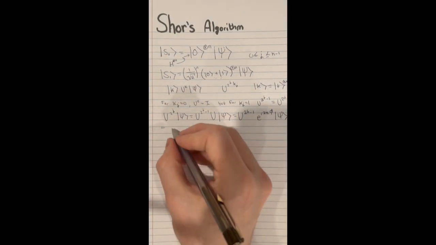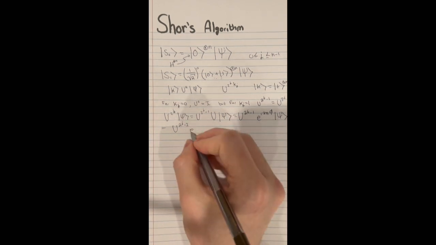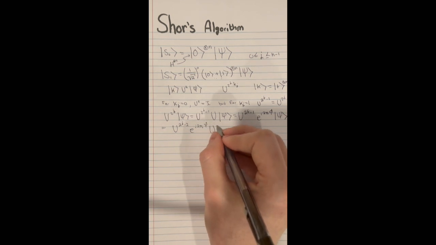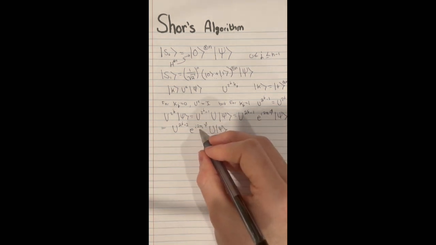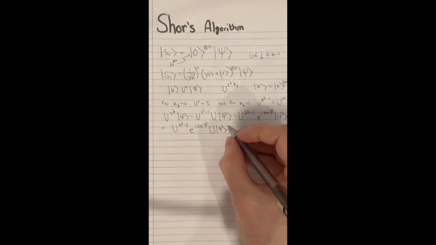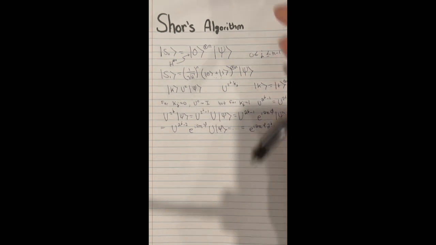We can continue and get U^(2^j - 2), pulling out another U, e^(i 2 pi phi) on psi. This will act again, pulling out another factor of e^(i 2 pi phi), and so continuing to do this many times, we'll eventually arrive at the state e^(i 2 pi phi 2^j) on psi.